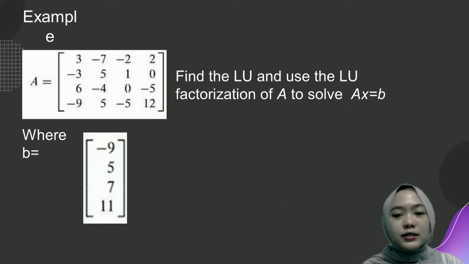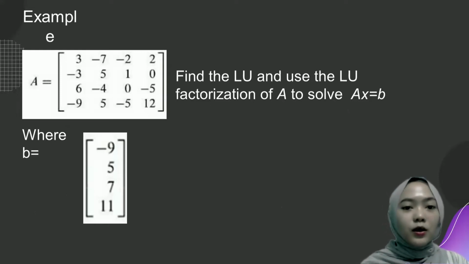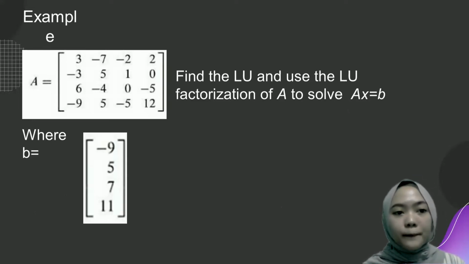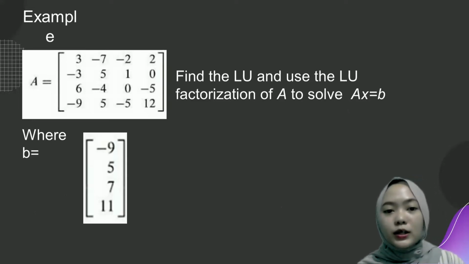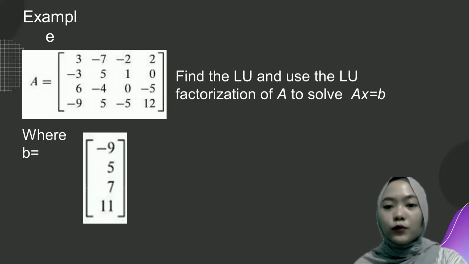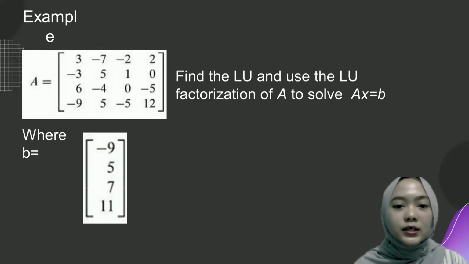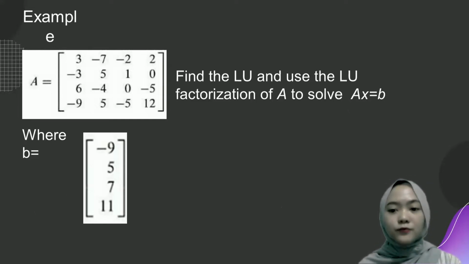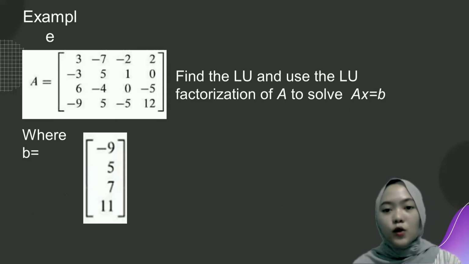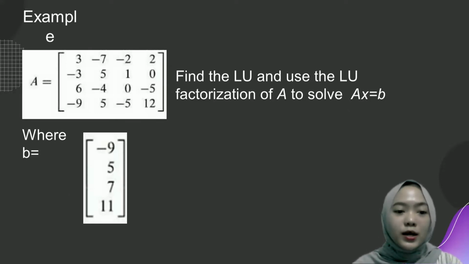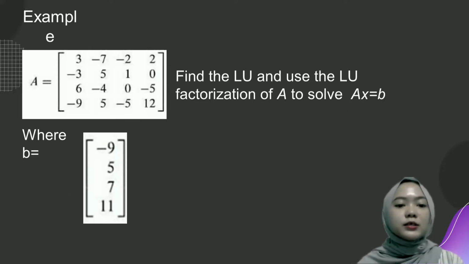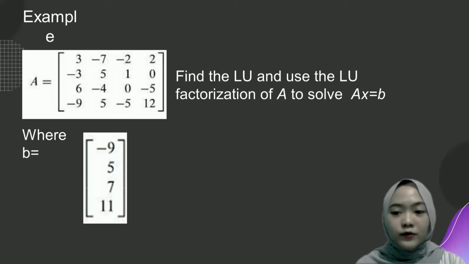So next is an example of how to do the LU factorization. Find the LU factorization of A and use it to solve AX equals B, where B is the matrix of -9, 5, 7, and 11.